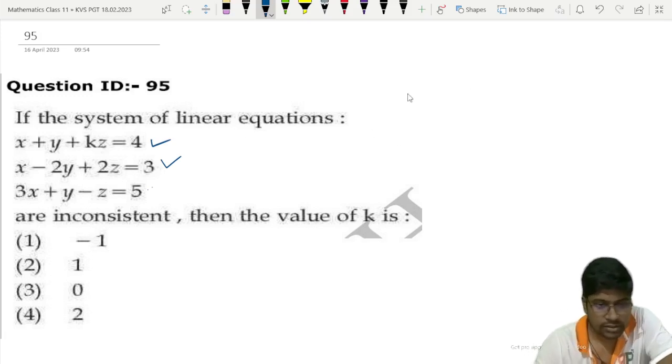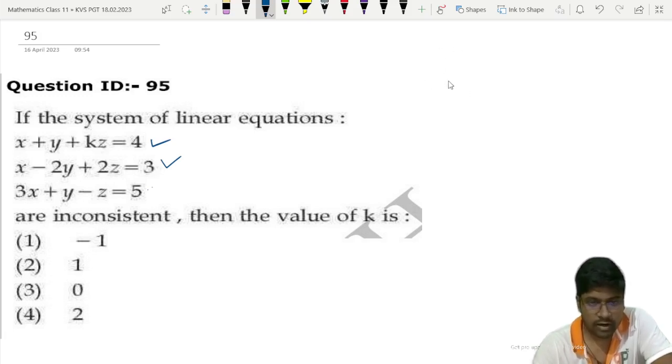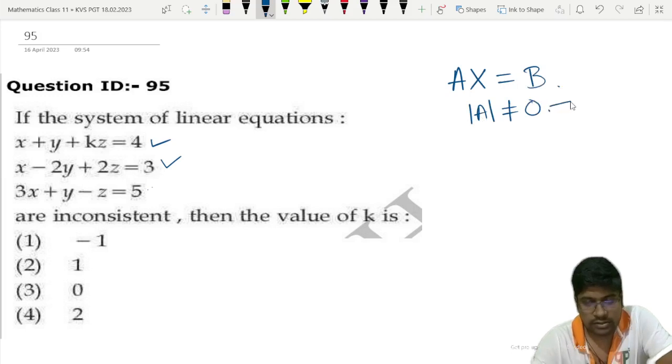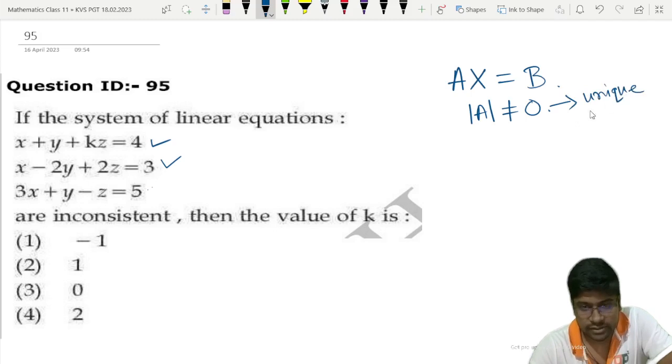In order to solve this problem, let me recall one theory regarding system of linear equations. Suppose we have a system of linear equations AX is equal to B. Then if det A is not equal to 0, we have a unique solution.